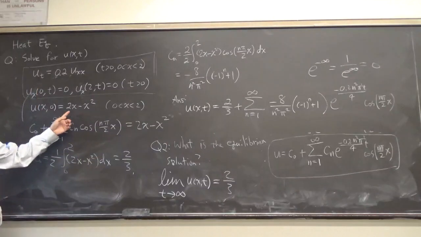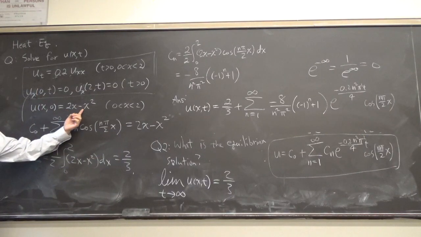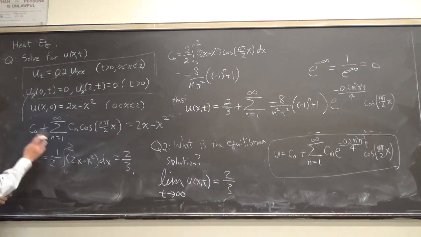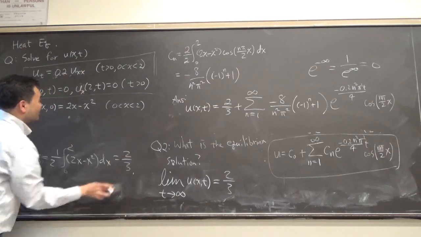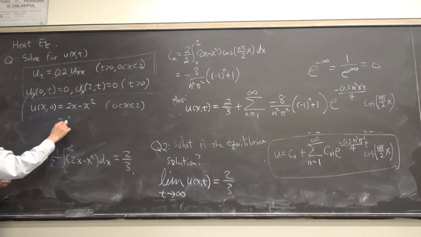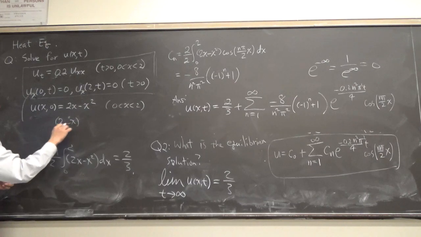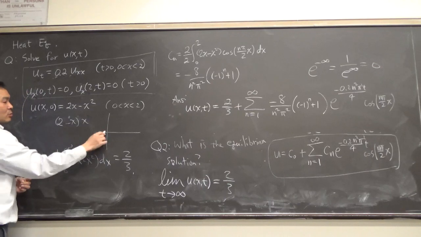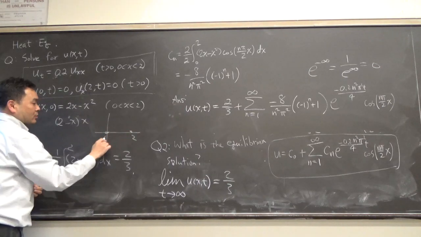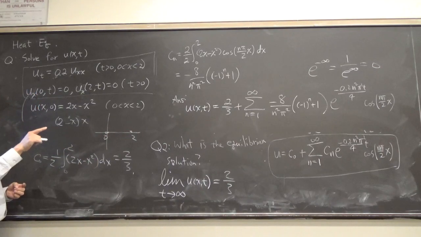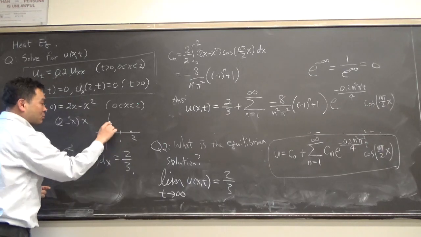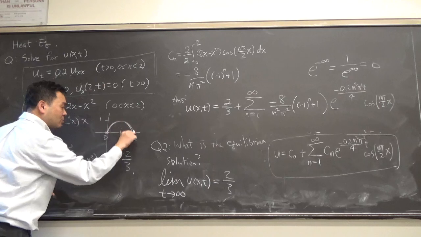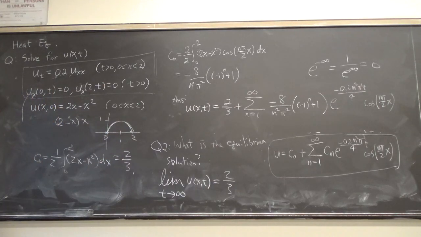By the way, this has the highest point at 1. This is (2 minus x) times x, so it'll be 0 at 0 and 0 at 2, right? And the highest point will be at 1. It's an upside down parabola. If you plug in 1, you get 1. So you get this as your initial heat distribution.